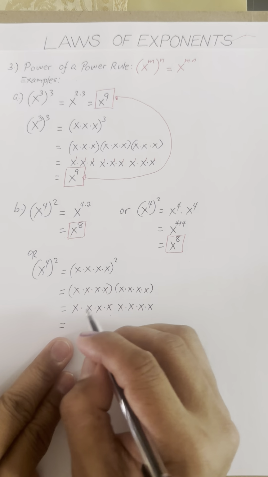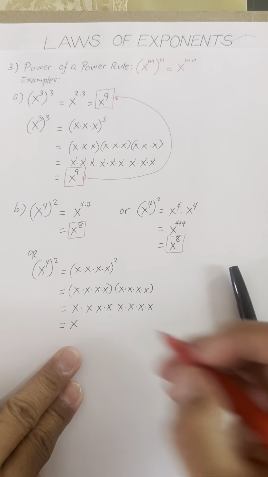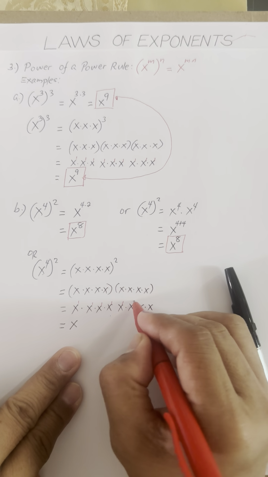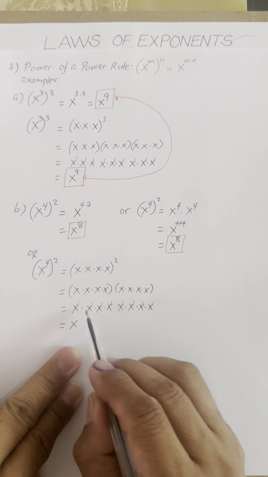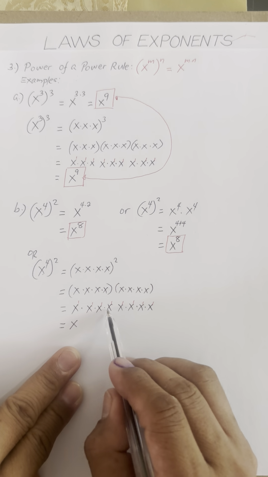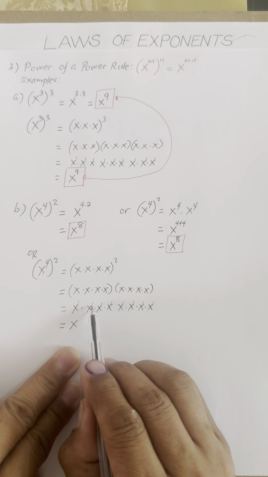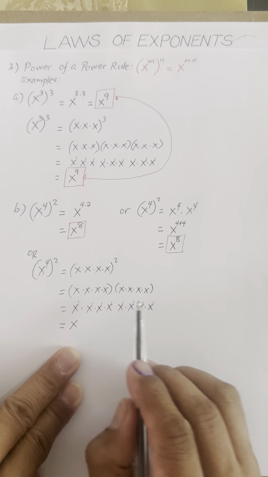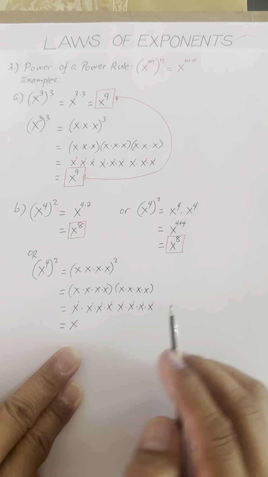And again, using rule number 1, you just copy the common base, and because we know that each of them has exponent 1, simply count how many of them: 1, 2, 3, 4, 5, 6, 7, 8. Or it's the same as 1 plus 1 is equal to 2, plus 1 equal to 3, plus 1 equal to 4, plus 1 equal to 5, plus 1 equal to 6, plus 1 equal to 7, plus 1 equal to 8.